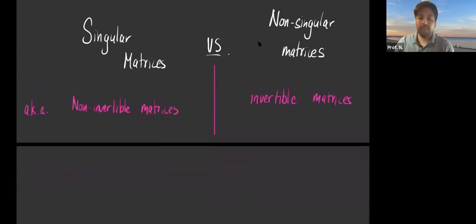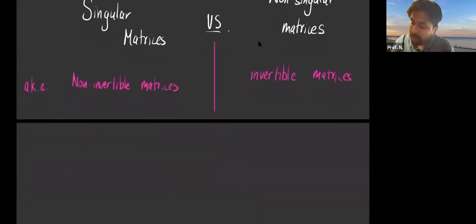Now, what does it mean to be invertible? What does the word invertible mean, at least in the case of matrices? If you know what an invertible matrix is, then you would know what a non-singular matrix is. And if you know what non-singular and invertible matrices are, then you would know what singular or non-invertible matrices are. So I'm going to write the definition of invertible.